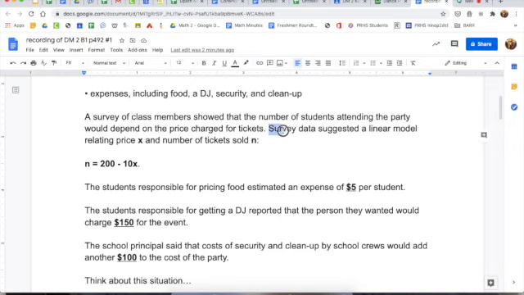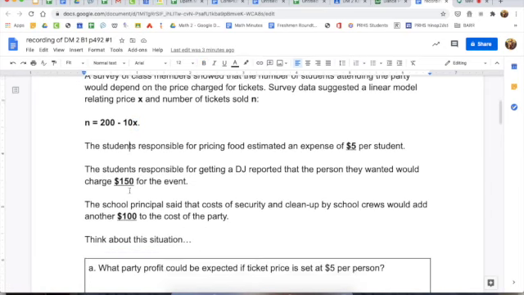They surveyed the class before asking questions and came up with a little data. They analyzed that data and found that a linear model, like a straight line equation, would give them the number of people willing to attend the dance to purchase tickets depending on X, the price of the ticket.